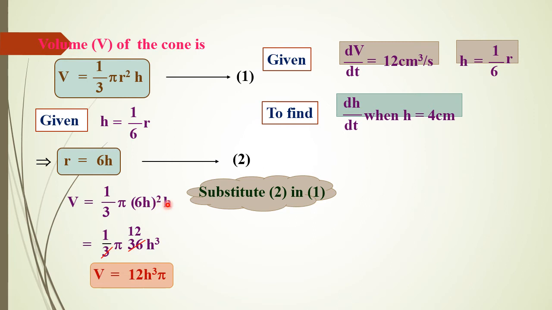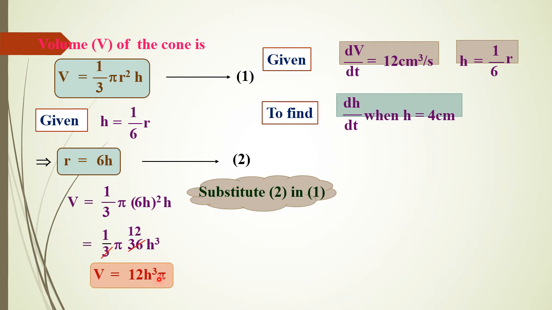Why are we removing the radius? Because we are calculating how fast the height of the sand cone is increasing. If h is the height of the sand cone, how fast it increases with respect to time is the question. Therefore 1 by 3 pi into 6h whole squared, which is 36 h square, and h square into h is h cube. So 3 ones are 3, 3 twelves are 36, so V is equal to 12 pi h cube remaining.